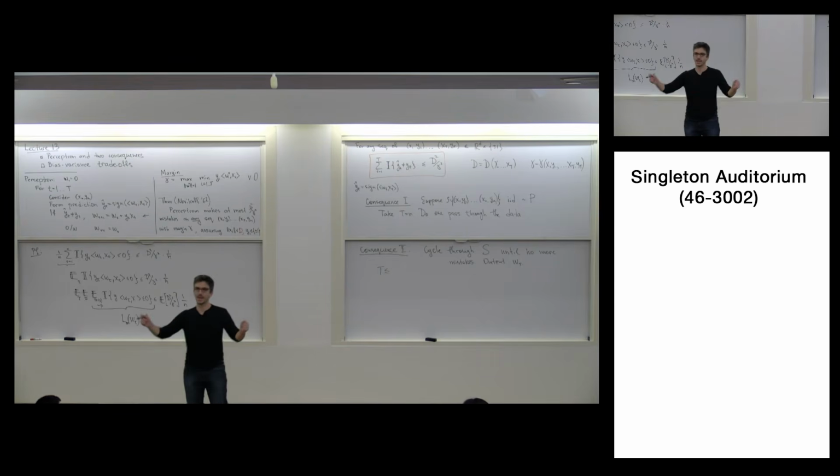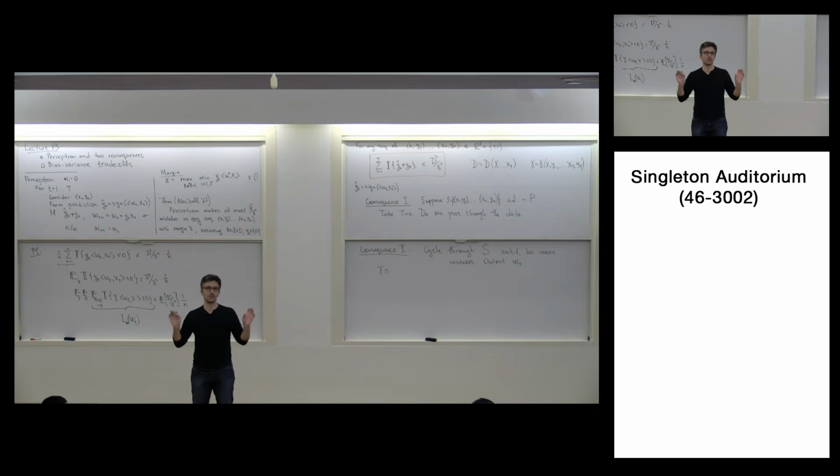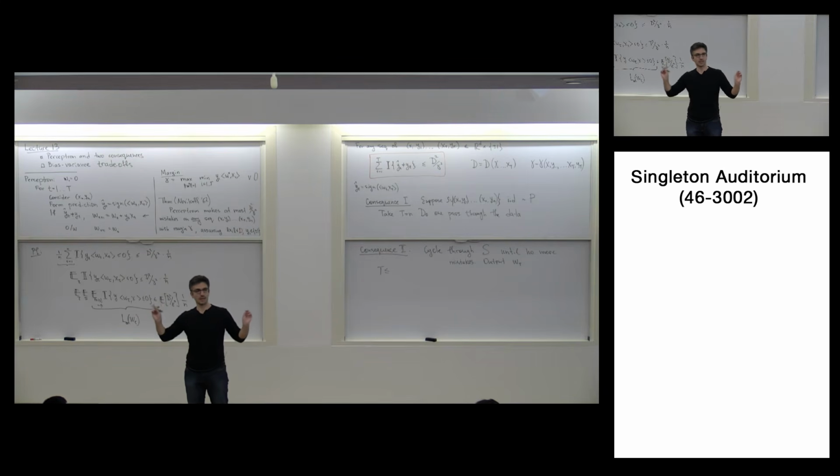If I've got data which are linearly separable with some margin, I'm going to cycle through that. How many data points will I overall look at? What is T? I can do once through the data. The worst thing that can happen is that I only make one correction.